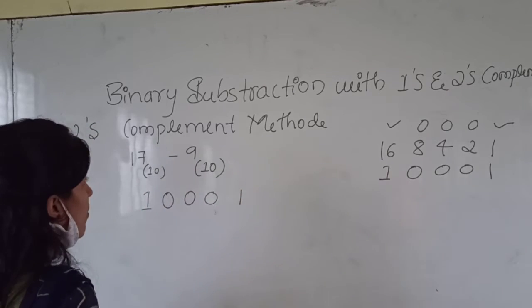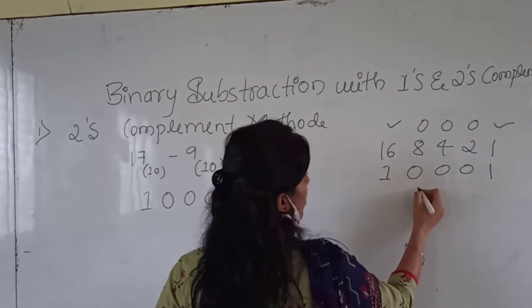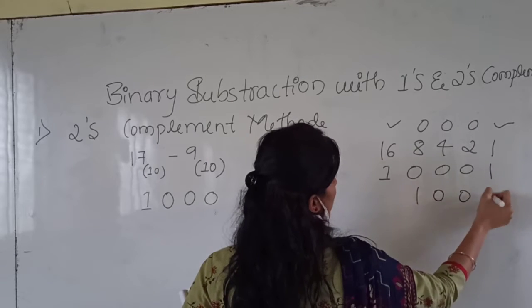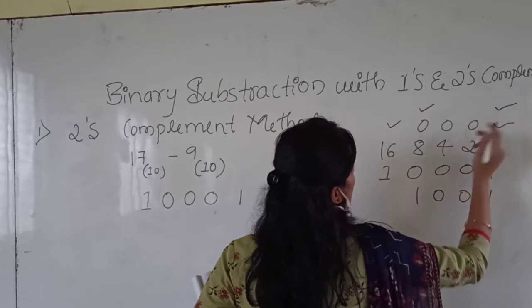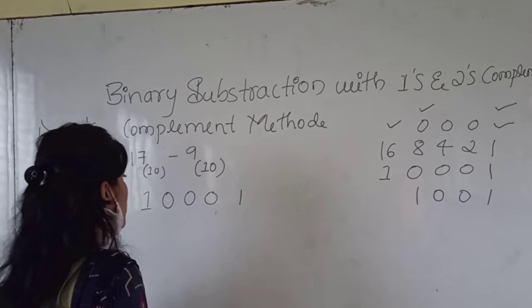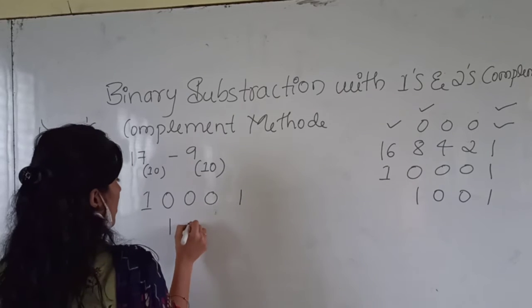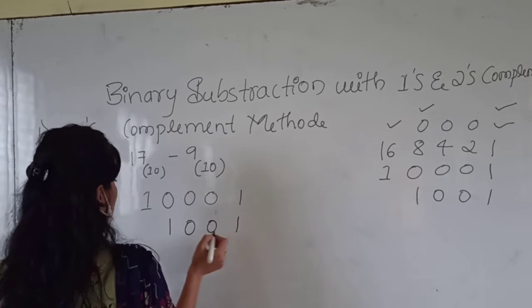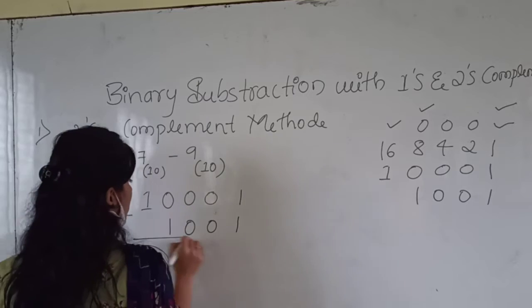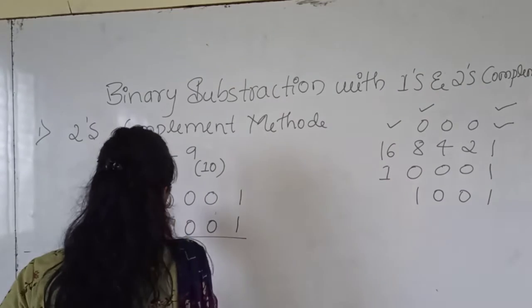And the second one, for 9, is 1, 0, 0, 1. These are the 8th and 1st positions. 1, 0, 0, 1. This is our main binary subtraction.